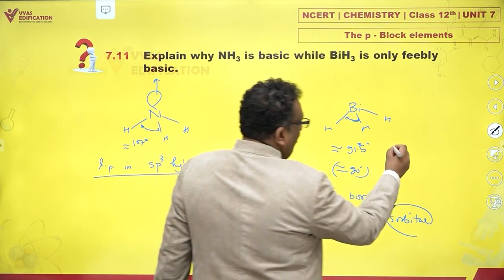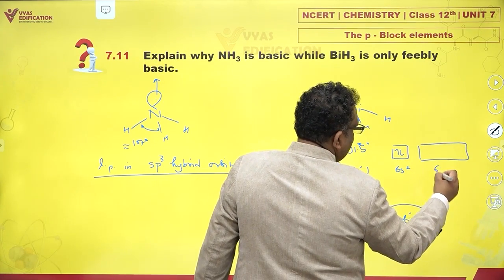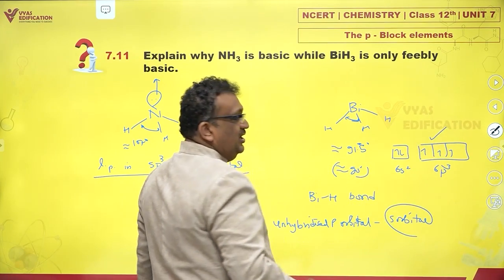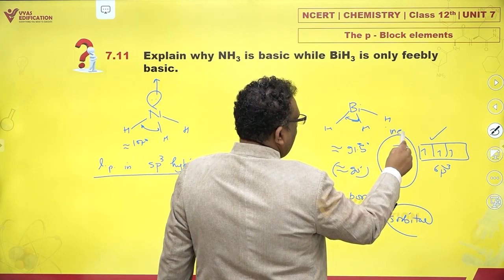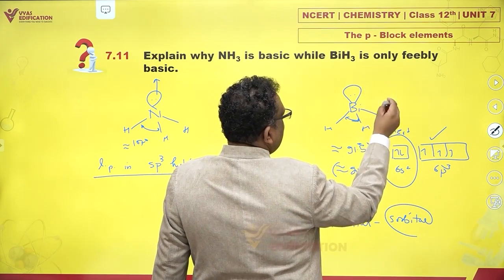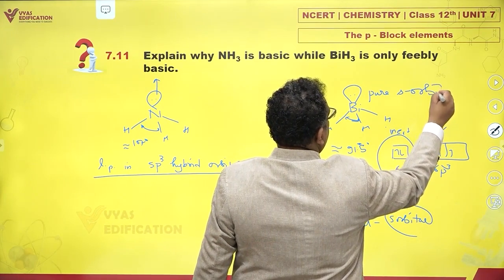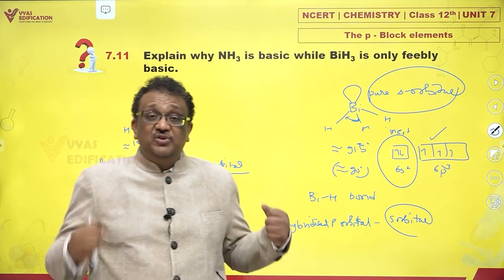Now look at the electronic configuration of bismuth, 6s2, 6p3. Now these p orbitals are used, and the 6s is inert. So the lone pair lies in a pure s orbital. S is for strength.